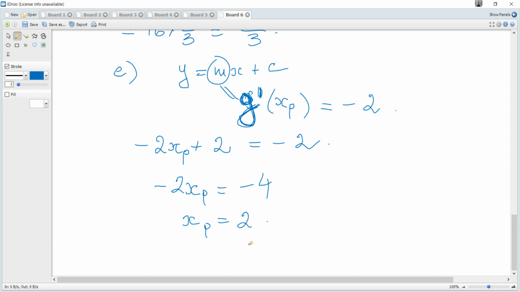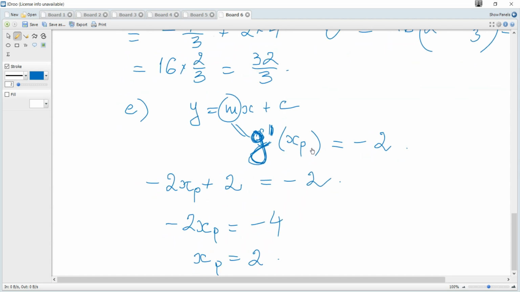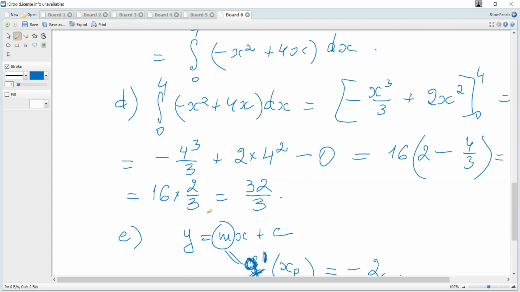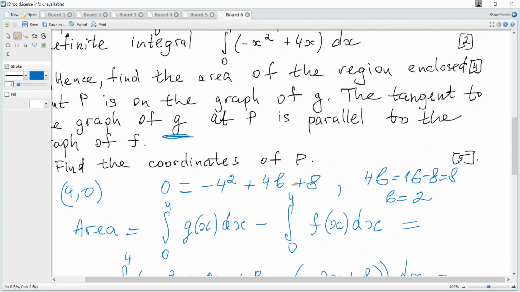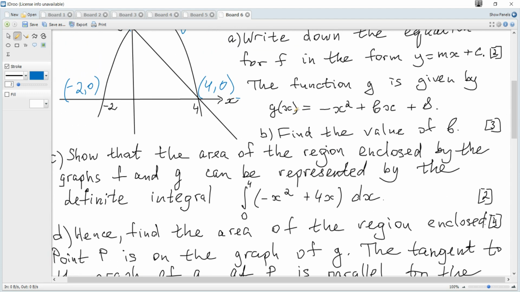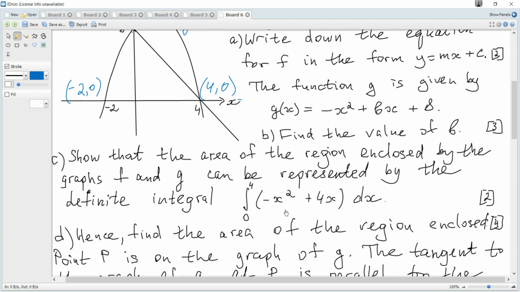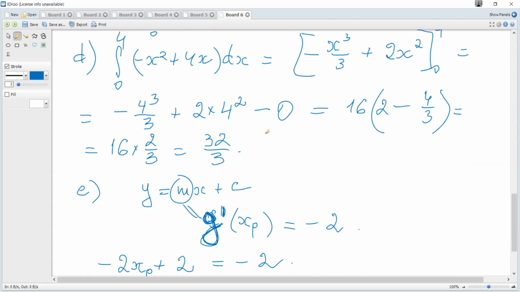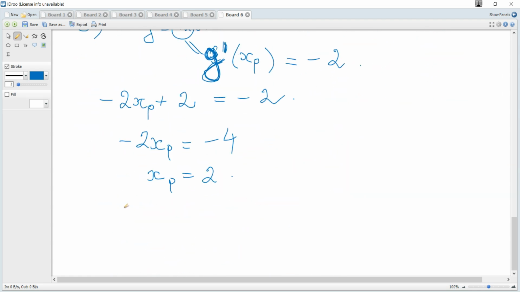So it's the x coordinate of point P. And since this point lies on the graph of g, its coordinates are connected by this function. g(x) is equal to negative x squared plus 2x plus 8, and this point P lies on g.